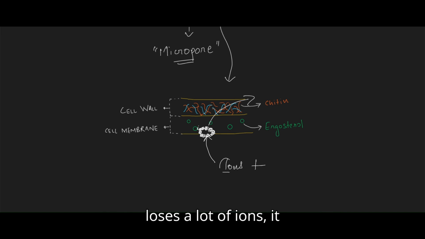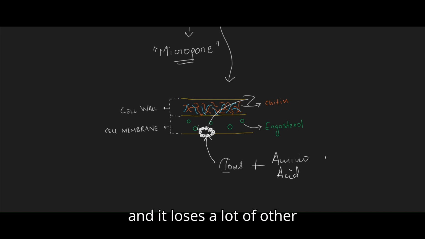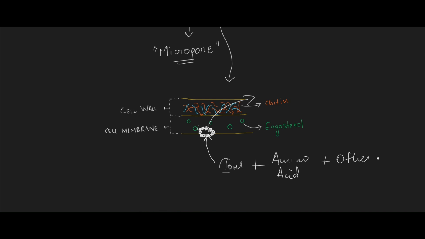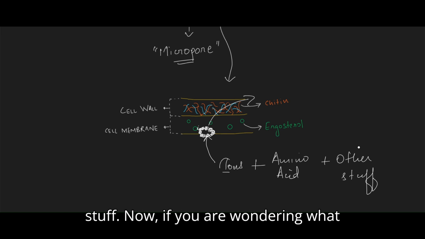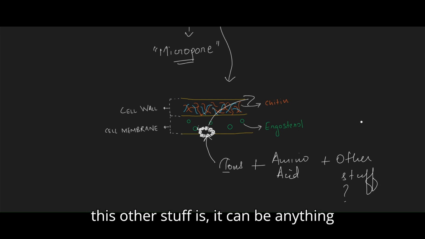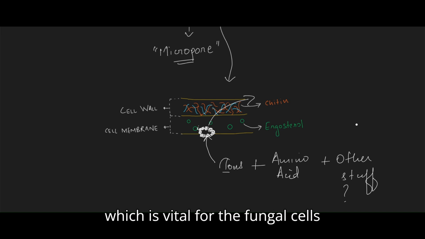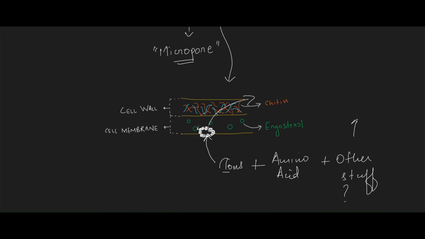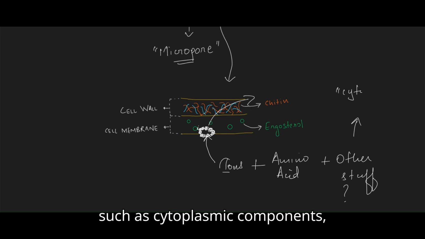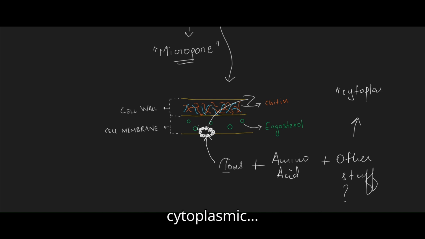It loses a lot of ions, a lot of amino acids, and a lot of other stuff. If you're wondering what this other stuff is, it can be anything which is vital for the fungal cell, such as cytoplasmic components.